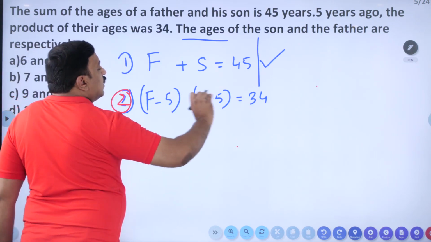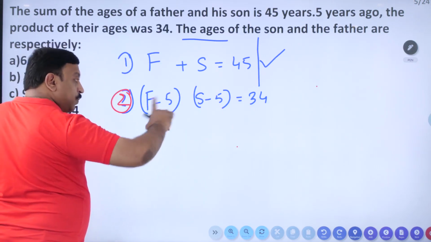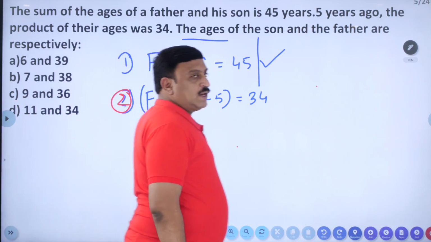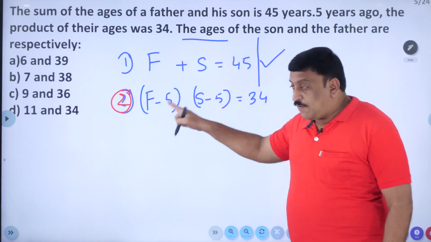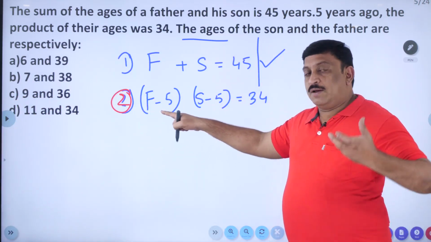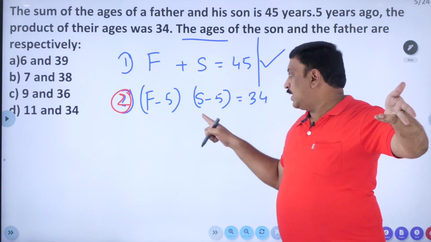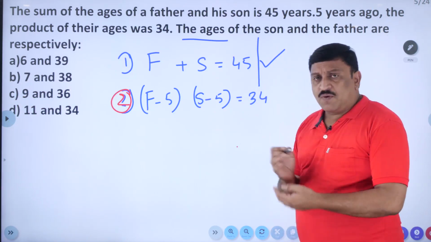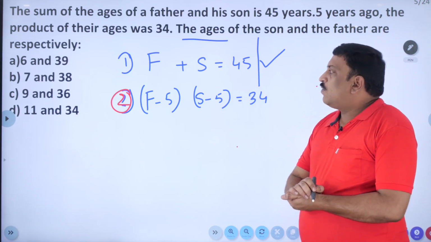Now we go with their ages 5 years before and the product of those ages before 5 years. That should be 34. Let us see whether we get 34 or not.